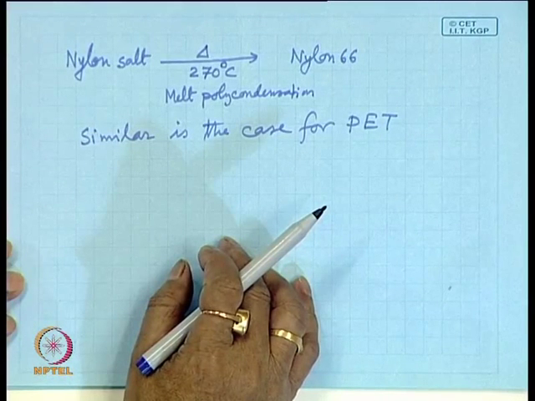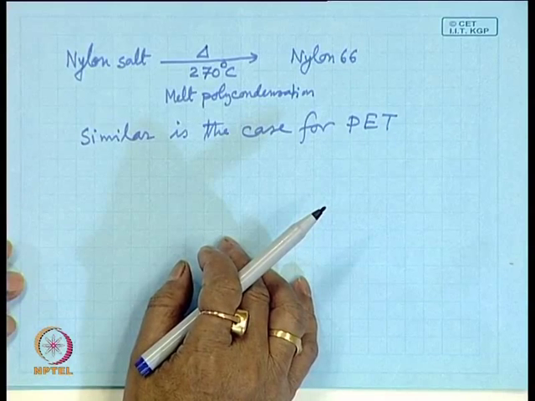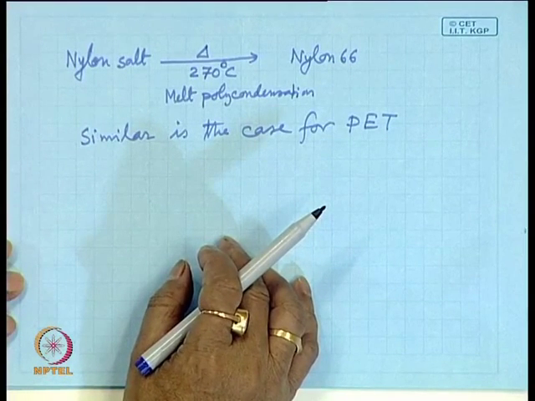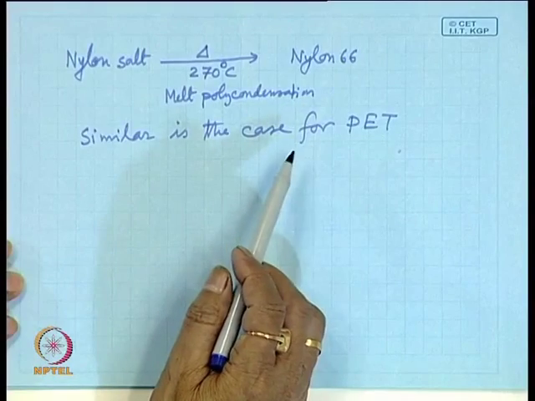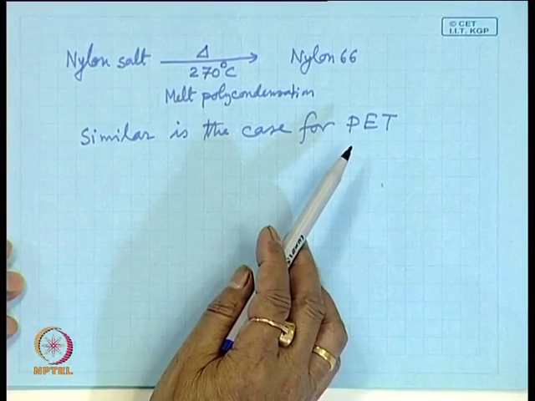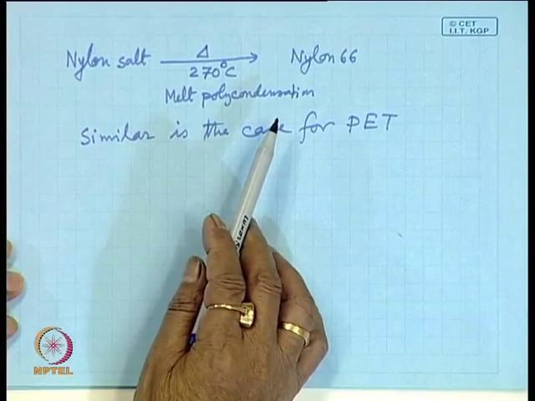So, you have to heat at a very high temperature, then only it will polymerize, otherwise one will be liquid phase and another solid phase, a heterogeneous phase, and polymer growth will not be there. Both reactants should be kept in the same homogeneous phase, and that is only possible if you carry out this polymerization at high temperature, for polyethylene terephthalate and nylon.